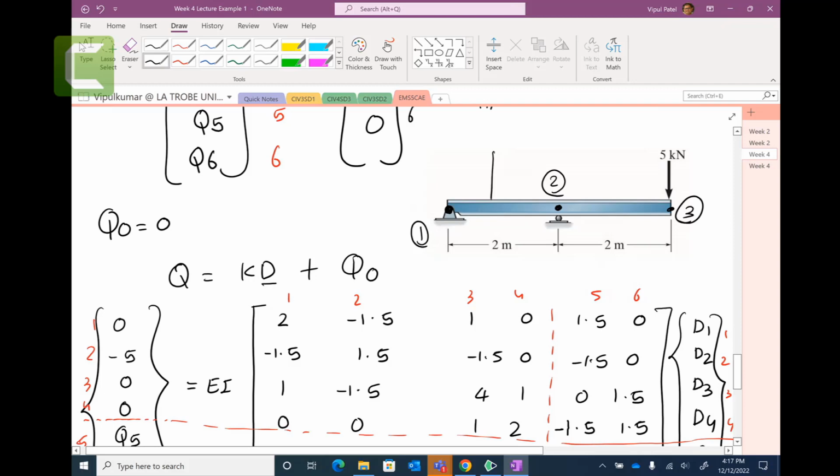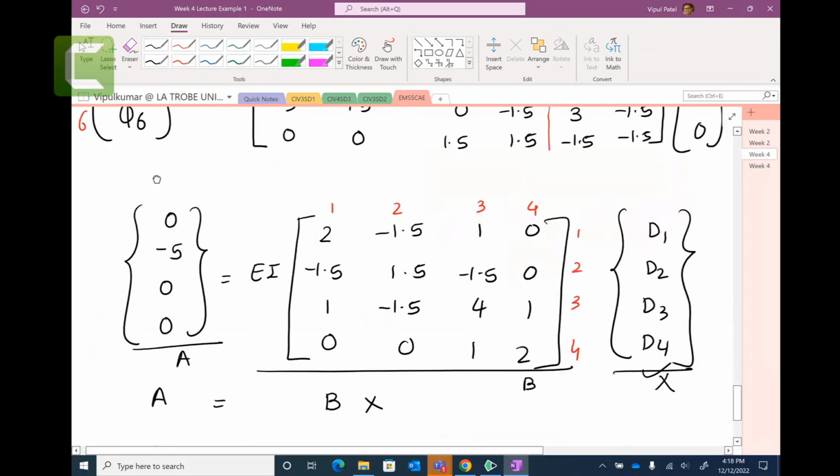If I had a load acting here, let's say 2 kilonewtons, then I would need to calculate the Q0. So if you have a force acting not on the node but on the members, then you need to calculate the Q0 using the tables, and I will show you those tables later. Does it answer your question? For this question, your force is only acting at the node, therefore your Q0 is 0.